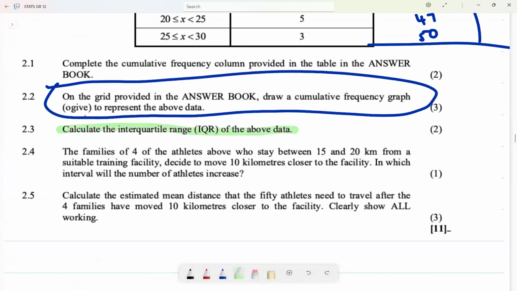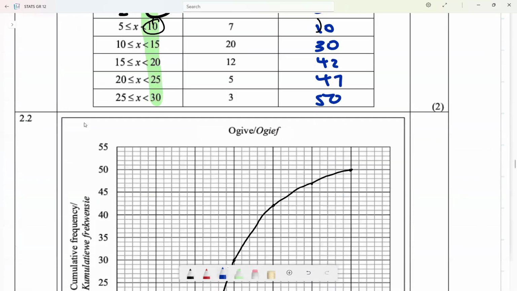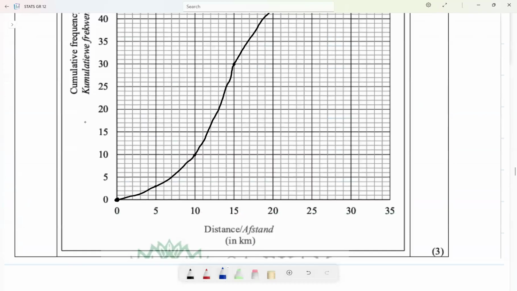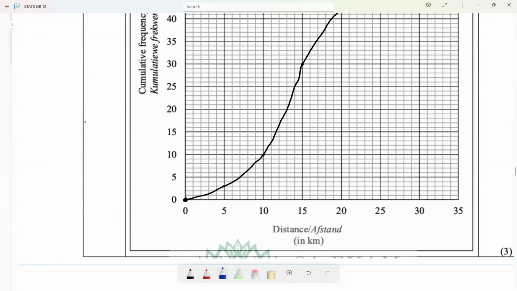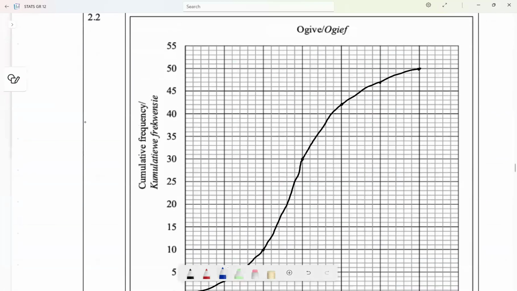Calculate the interquartile range of the data. What is the interquartile range? Remember, interquartile range is Q3 minus Q1. So we basically need to find our Q1 and Q3. How do you find your Q1? For you to find your Q1, you need the position of Q1.